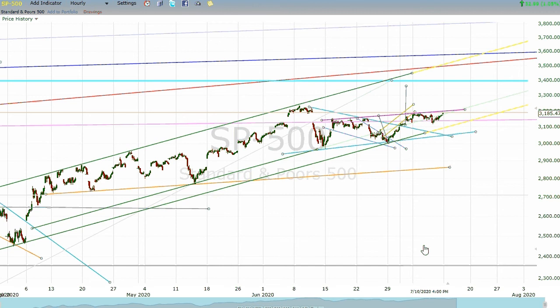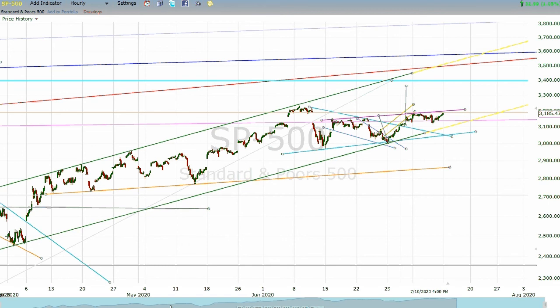And lo and behold, would you look at that? That is exactly where we tagged. That was the low actually in that consolidation triangle. And I think I'm going to keep that there. And I think this guy is going to go bye-bye.